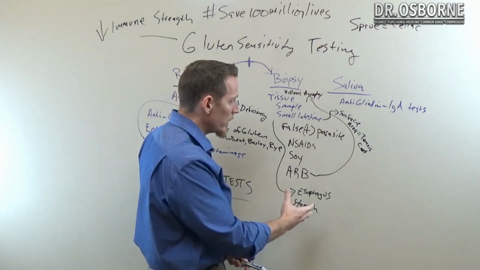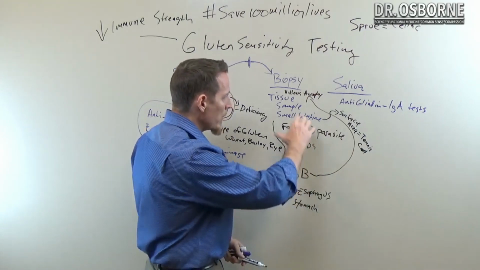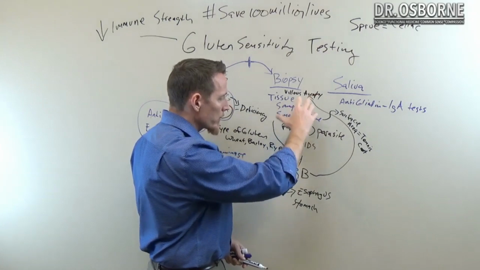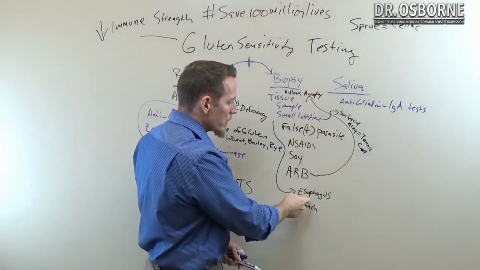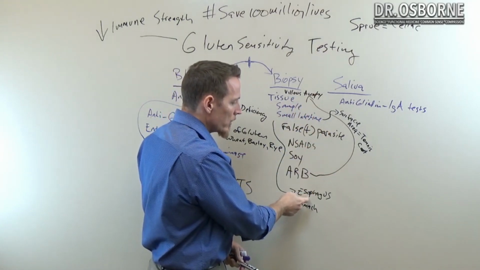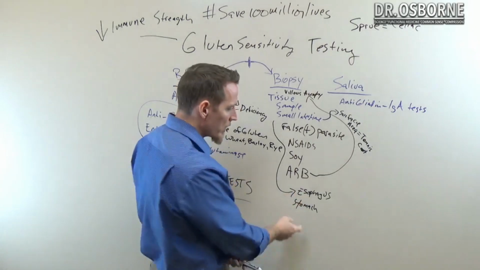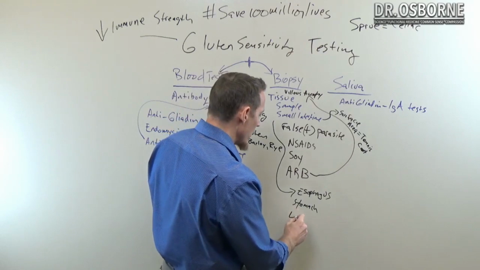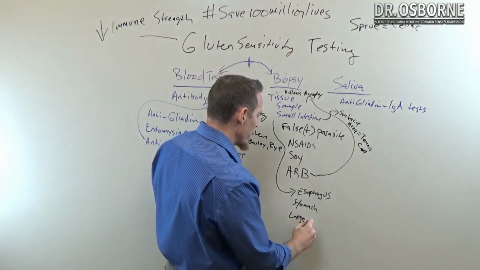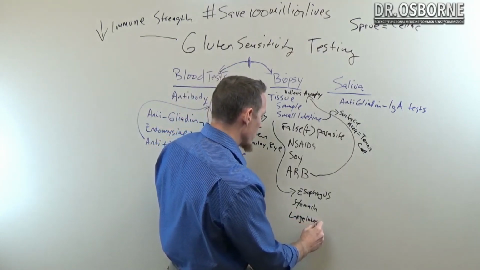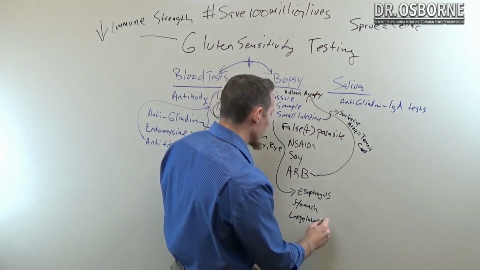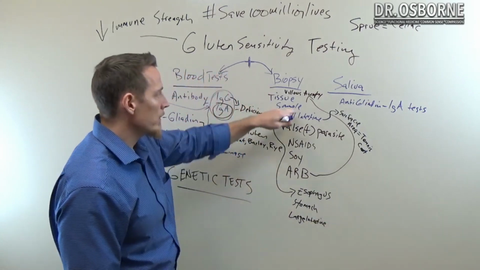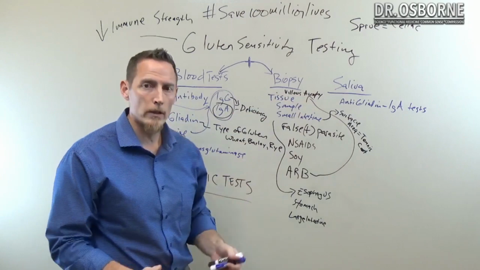But my point is that the damage doctors are looking for when they do a scope and biopsy, sometimes the gluten damage occurs in the esophagus, not in the small intestine. Sometimes the damage occurs in the stomach, sometimes in the large intestine. So it's not exclusive to creating villus atrophy only in the small intestine.